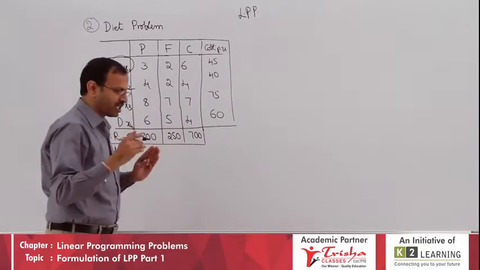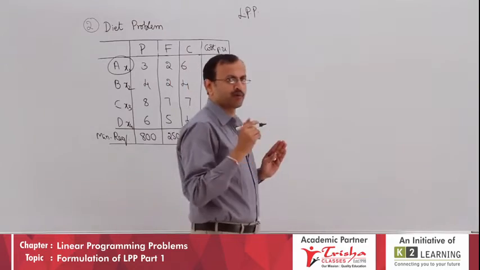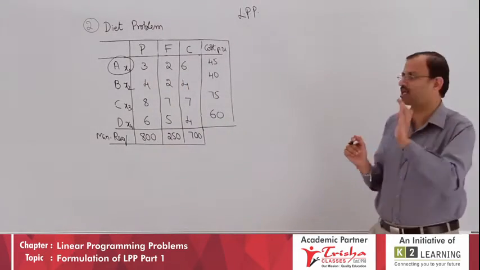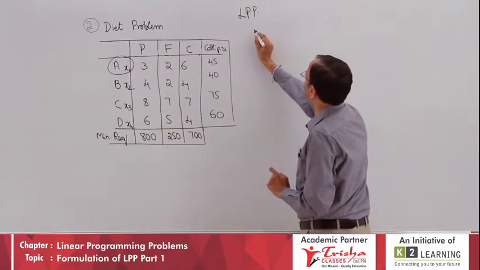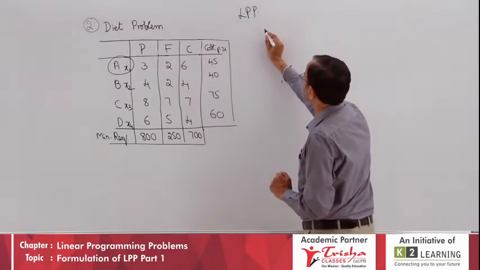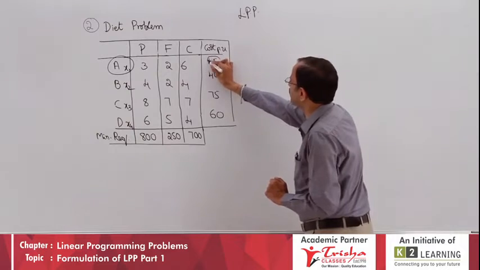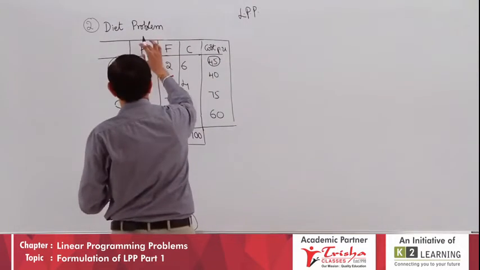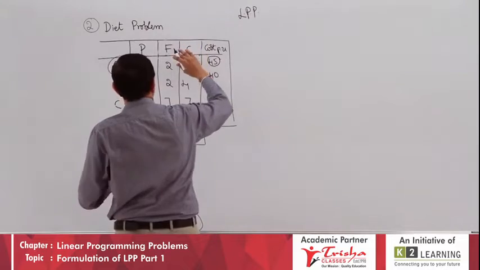Let us solve it. Write in your notebook: solution, problem 2, diet problem. If all these are written, under that you write. First, how do you start with that? Our work is, what is the detail given? Food A is 45 rupees per unit. We need to consider protein, fats, carbohydrates and the reverse.